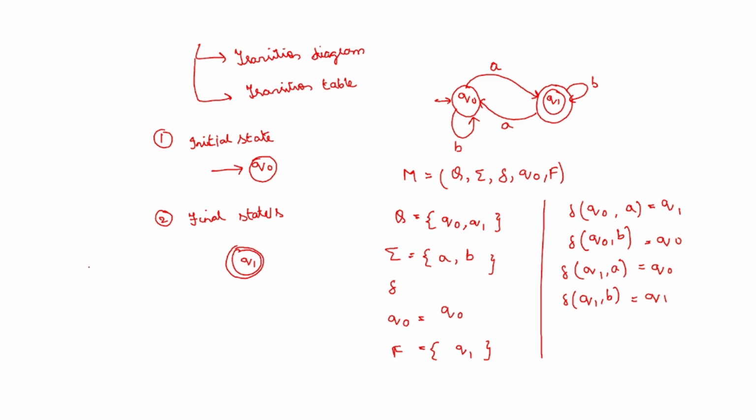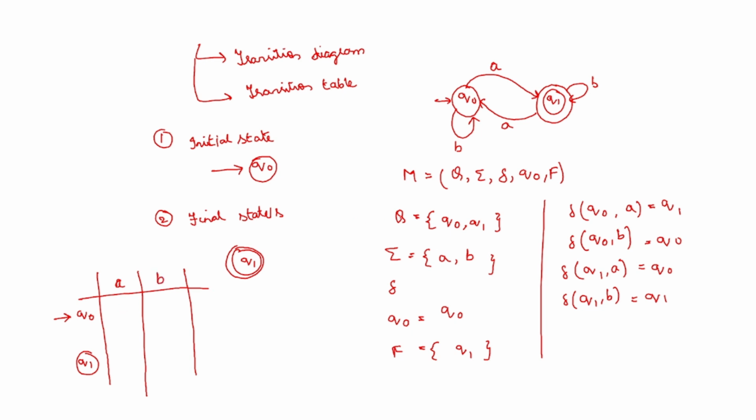Let me draw the table, right here itself. So what states do we have here? We have one initial state being q naught and one final state being q1. This is how we represent it, with an arrow and a double circle. And what input alphabets do we have? a and b.